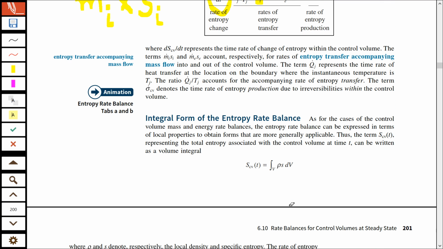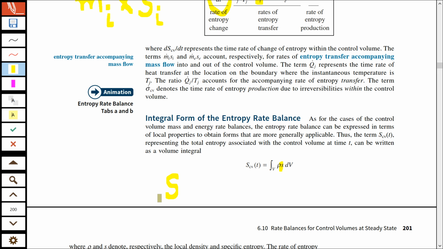So I think I'm leaving this part, the integral form. This is needed only when you want to calculate the total entropy, and all you need to do is to integrate. This is something very easy for you. Small s, remember, is the specific entropy.